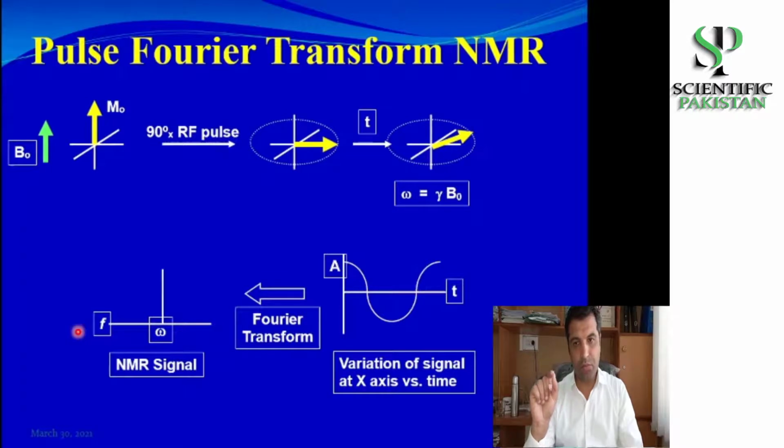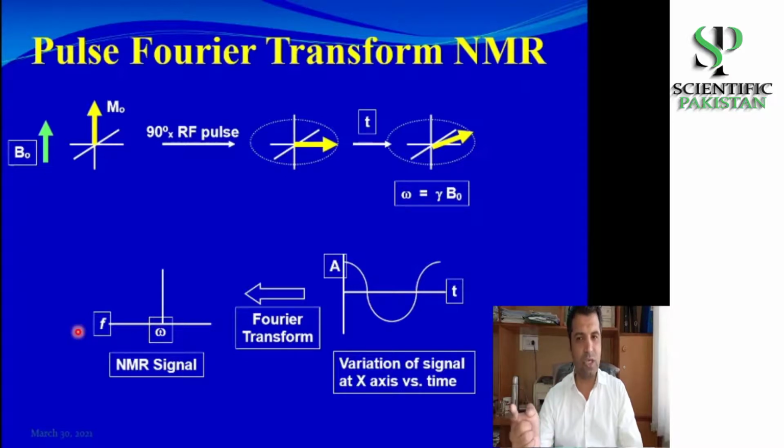If your machine has a magnetic field with a strength equal to 7.05 Tesla, then the resonance frequency of the protons, if they are not under the influence of any external factor, the Larmor frequency would be 300 megahertz. So if the magnetic field strength is 7.05 Tesla, which we have seen in that table which I had shown you earlier, then the Larmor frequency or the resonance frequency has to be 300 megahertz.